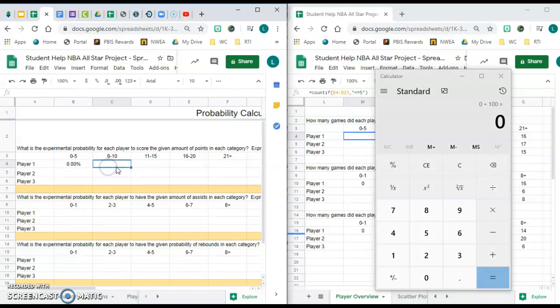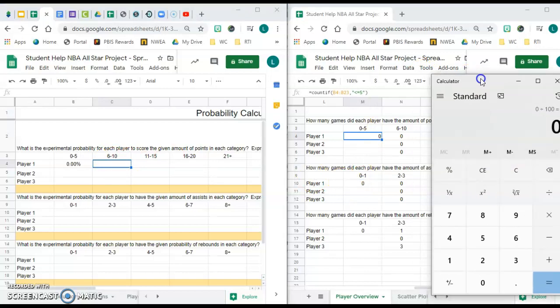Now, how many games did he score between 6 and 10 points? It turns out it's also 0. Anytime you see a 0, you can just go in and add a 0%. You can do that for all of them, so these would also all be zeros.